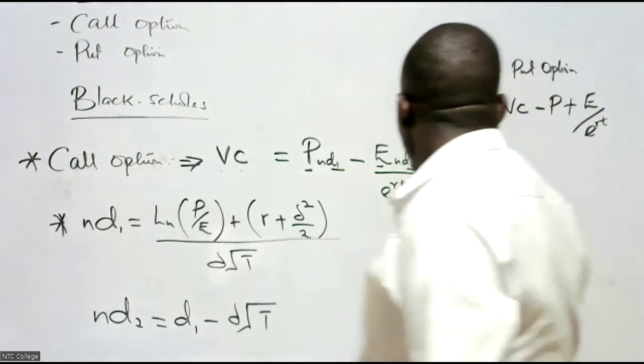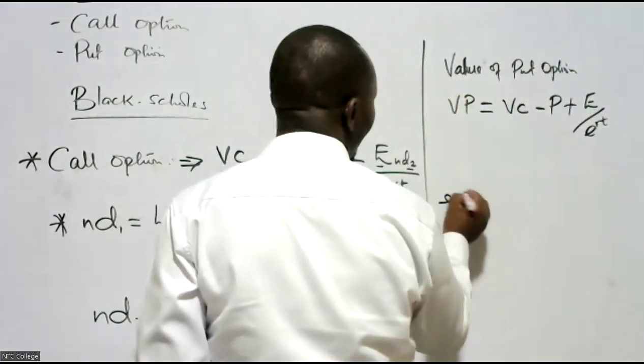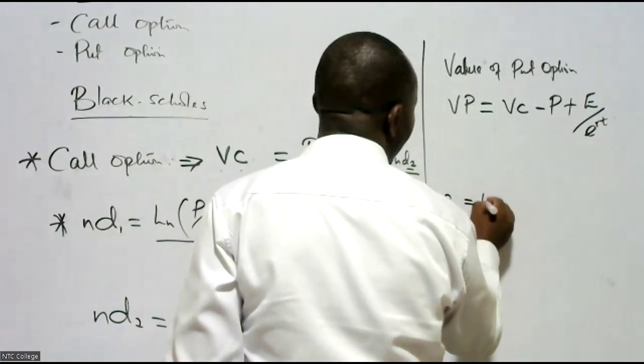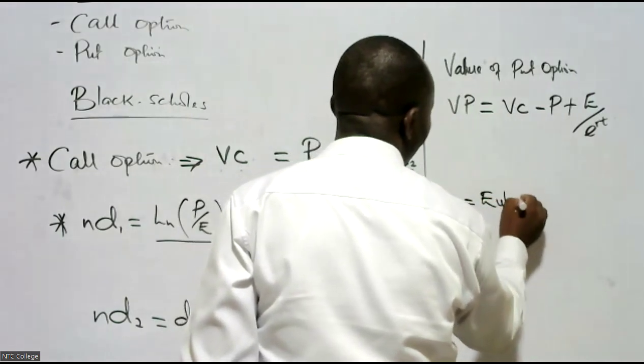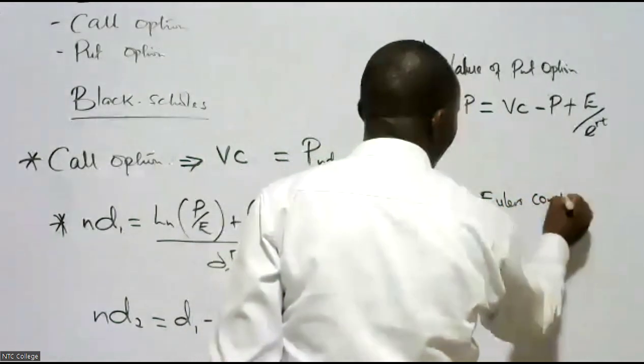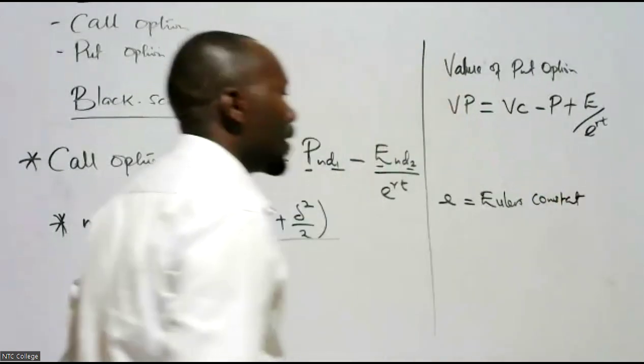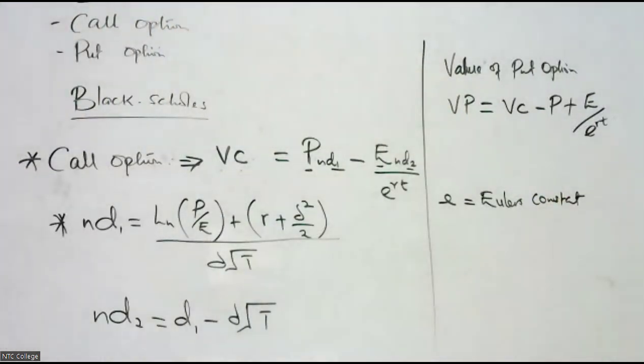This small e is normally called Euler's constant. It is normally calculated, and it is a constant figure. So we shall be able to go through that.